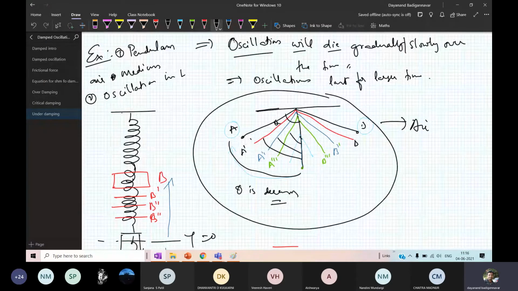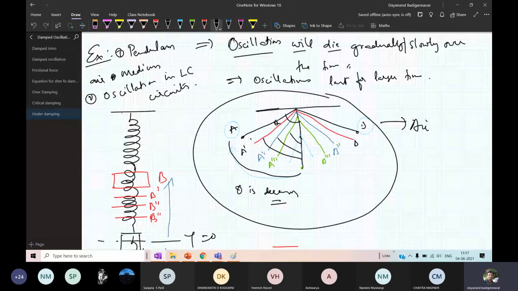They die off very slowly. You have learned LC oscillations in electrical oscillators, the tank circuits, how electrical oscillations are generated when there is charging and discharging of a capacitor. Those are also examples.